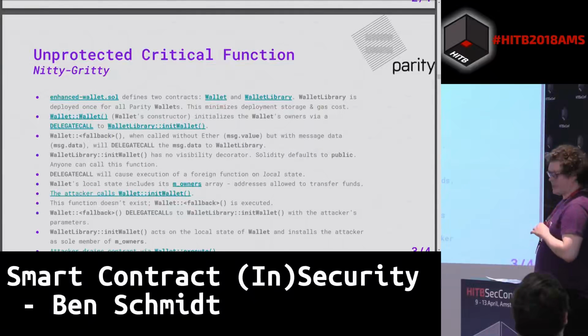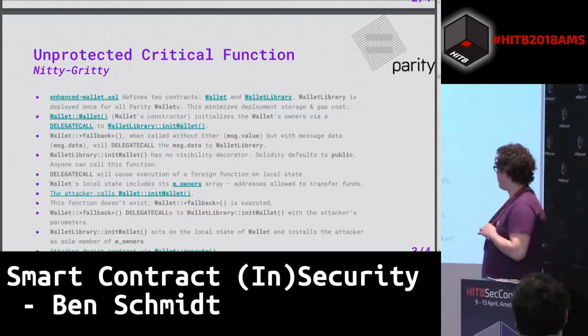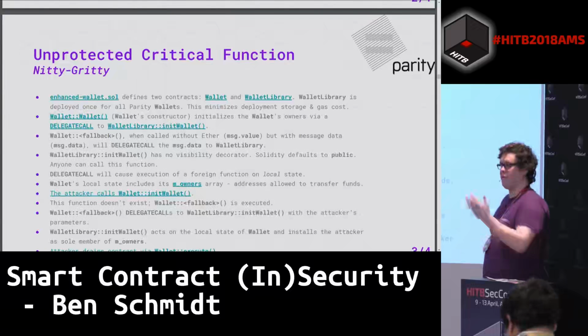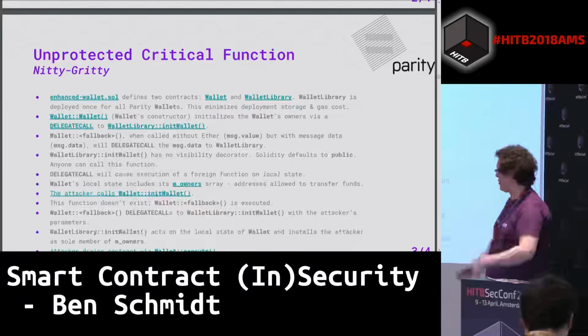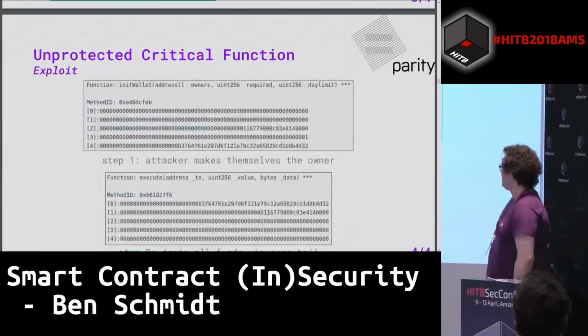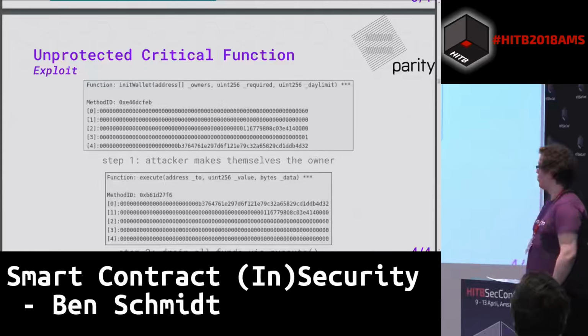There's a few extra steps in here, but I'm running a little low on time, so I'll gloss over them. Basically, the idea is that because you can call in the context of this contract, you can actually set yourself as an owner and withdraw everything. So here's an example of the exploit straight from the blockchain, and it's very, very simple, and you'd almost miss it, even if you were watching for it.